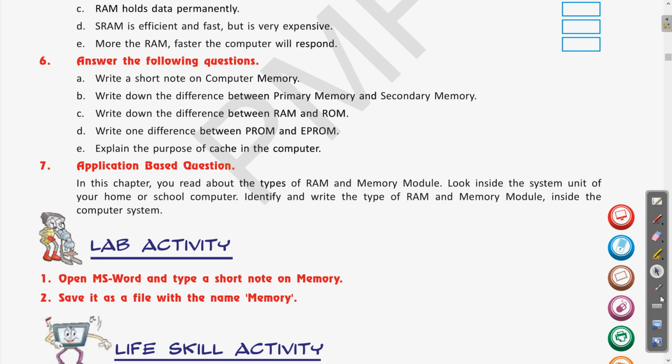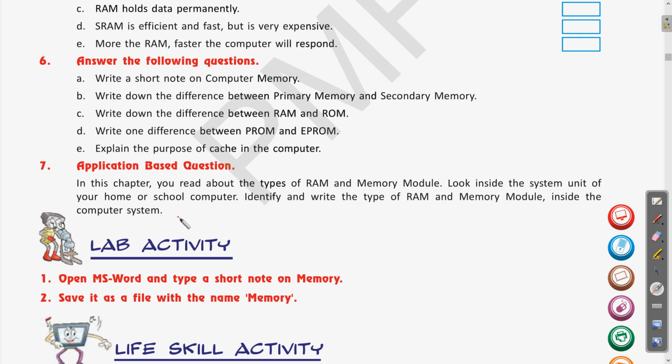So question number 7, let us read now. In this chapter you read about the types of RAM and memory module. Look inside the system unit of your school or home computer and identify and write the types of RAM and memory module inside the computer system.